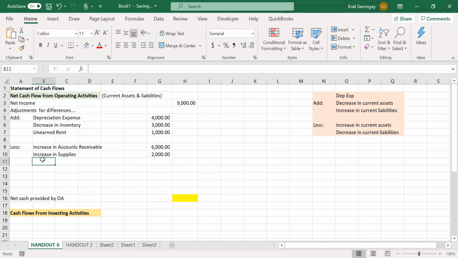Accounts payable is actually a current liability. Since it decreased, you less it. So going to the current liabilities part, just this accounts payable, since there is a decrease in accounts payable, we're going to have to less it. Decrease in accounts payable.